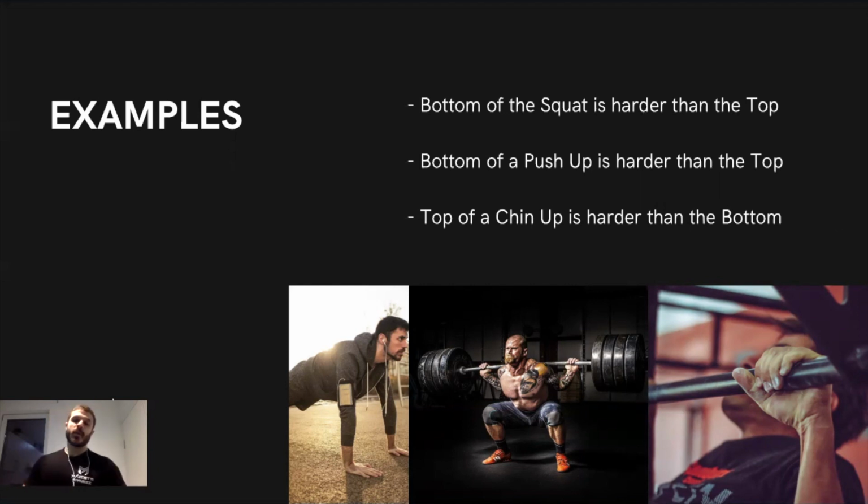And a chin-up is harder at the top, right? When your chin is over the bar, on your chest. If you hang from the bar, you can hang, not forever, but for a long time, while at the top it's harder to hold it. So we need to understand where the exercise has the active range of motion, because we want to double down on that, basically.